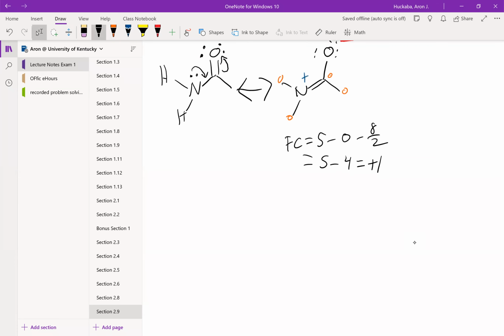One thing they do say that I don't like, and I want to tell you right now, is that in your book, they say that this kind of movement is allowed. So in your book, they have a minus charge on an oxygen, and they take an arrow from that minus charge down to this bond, and they move that bond onto an atom.